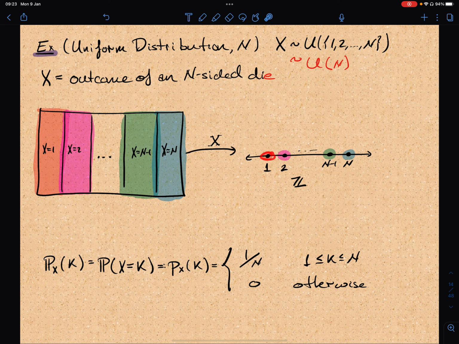If you look at the pre-image of these events in the original outcome space, you're going to see that we partition the outcome space into n sections. And here, the probability distribution is just going to be 1 over n for all the k in here, meaning that each outcome is equally likely, and it's going to be 0 otherwise.